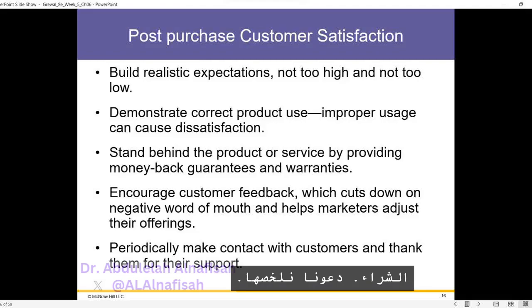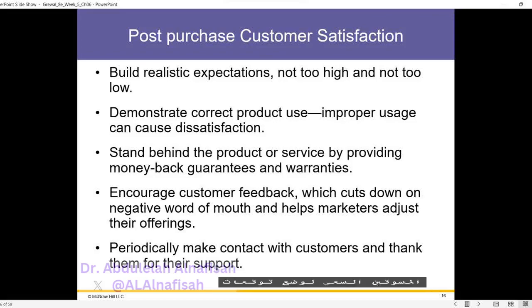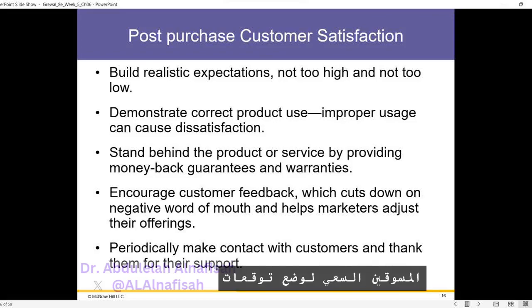Let's summarize them. Build realistic expectations. Marketers should strive to set realistic expectations about their products or services. Setting expectations too high can result in dissatisfaction if the product fails to meet those exaggerated performance levels.